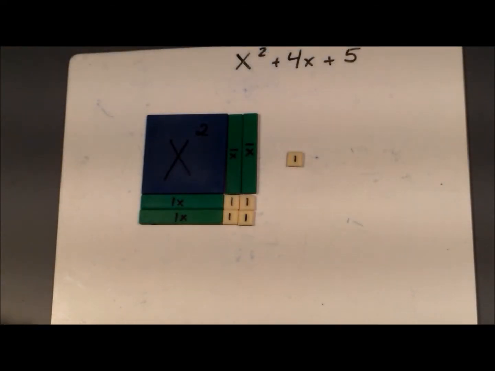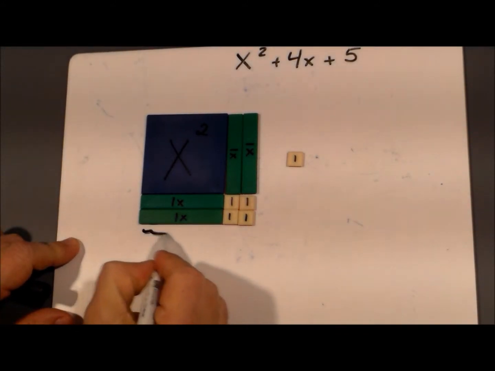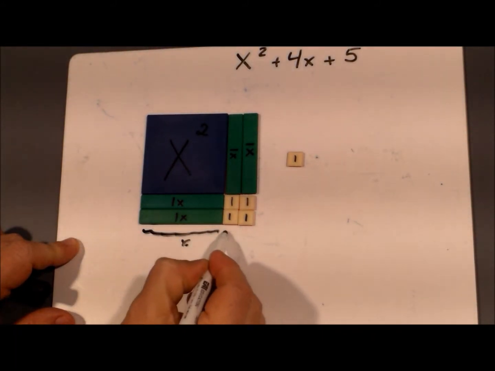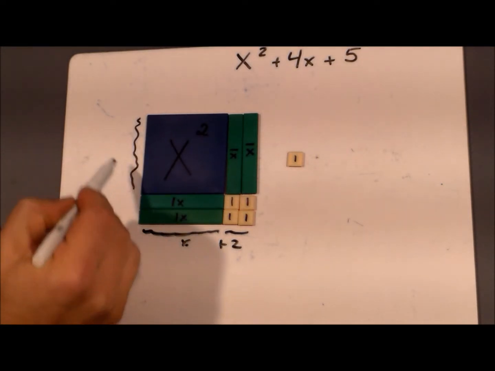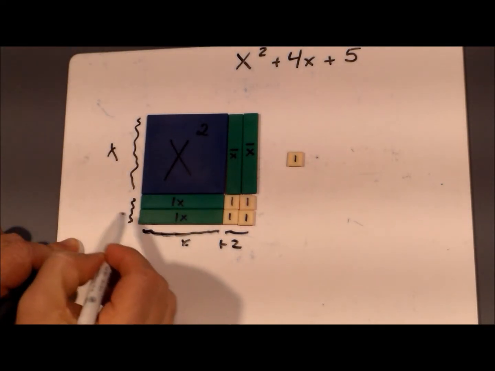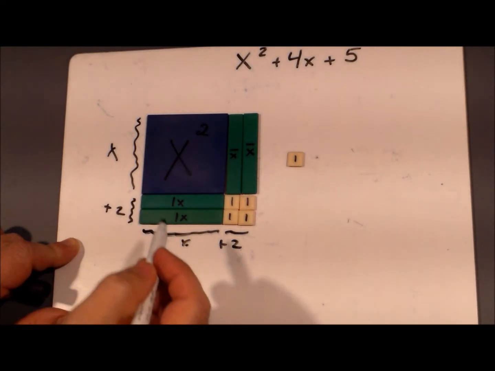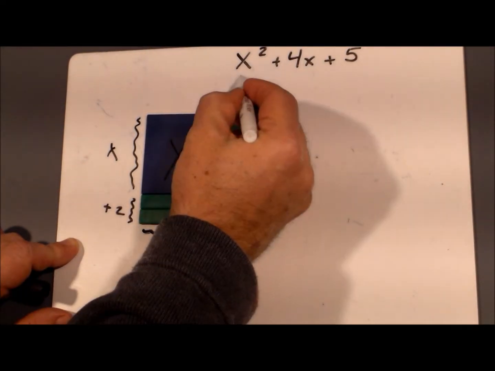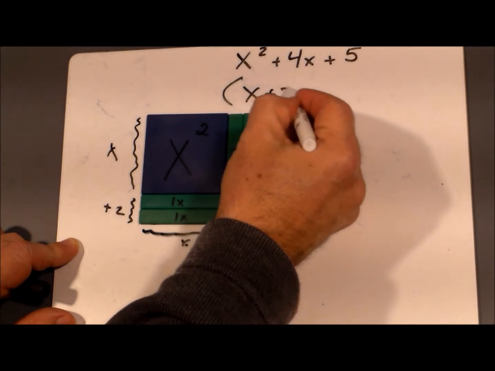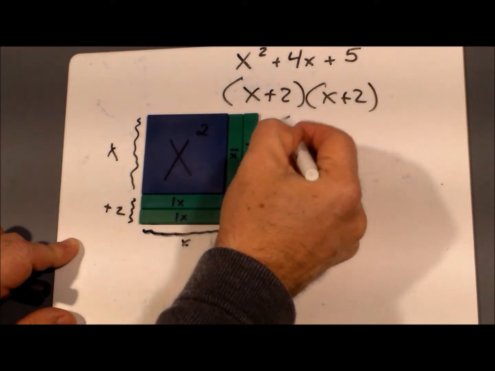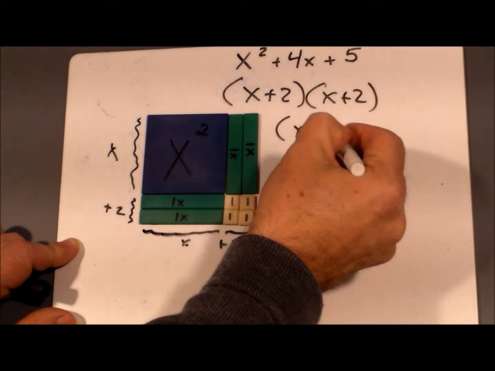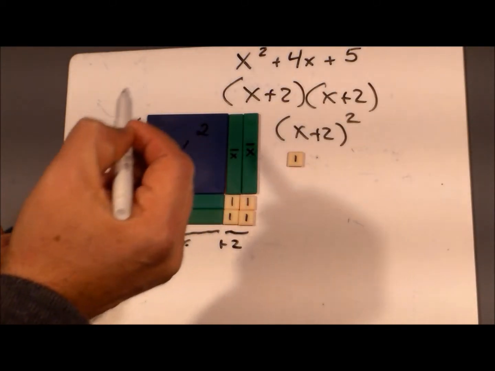What we actually have done is rewritten the problem so that it's x plus 2 more this way, and x plus 2 more this way. So here's the square that we completed. x plus 2 by x plus 2, better written as x plus 2 quantity squared.